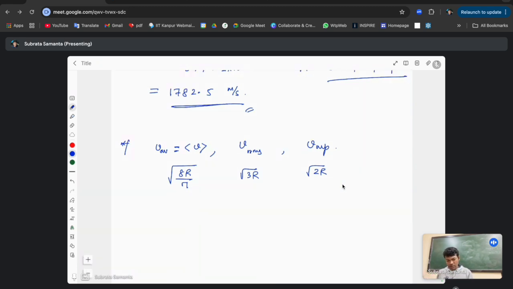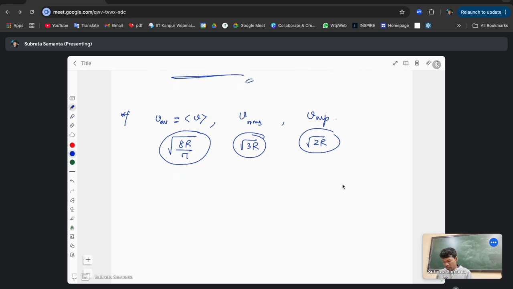This one is the largest, then v average, then v MP. So the order is that v MP is smallest, then v average, then v RMS.